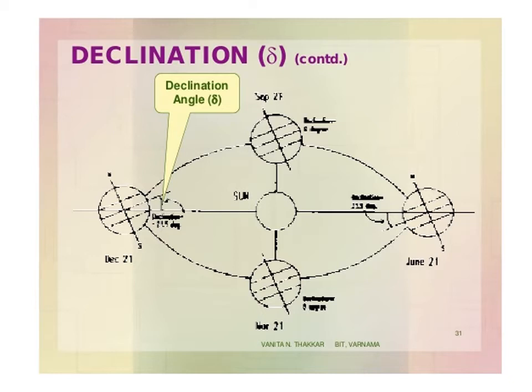The angle between the magnetic meridian at a point and the geographic meridian is called the declination. At higher latitudes, the declination is greater, whereas near the equator, the declination is very small.